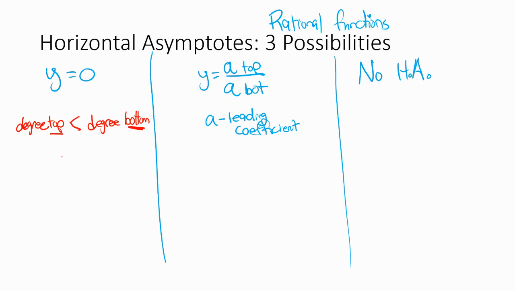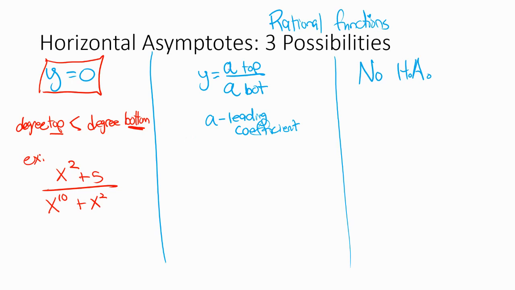So basically, the top will have a degree, like x to the second plus 5, and the bottom will be like an x to the third. It could be 10th, it doesn't matter, plus x squared, what have you. As long as the top degree is smaller than the bottom degree, then the horizontal asymptote will be y equals 0. So there's a little example there for you.